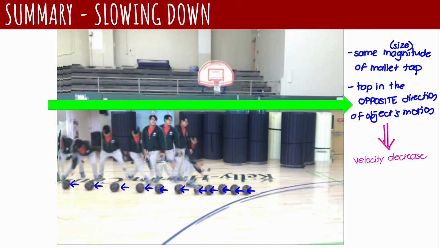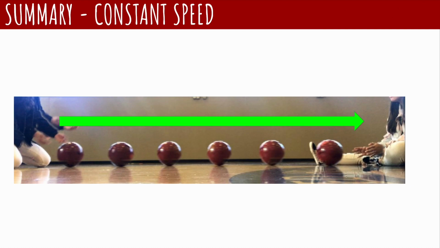All right, so now we're also going to be taking a look at a bowling ball that was hit once. In this picture, you have two students who rolled the bowling ball across the floor. There was one moment where it was hit, and that's at the beginning. This blue arrow represents the push from one.